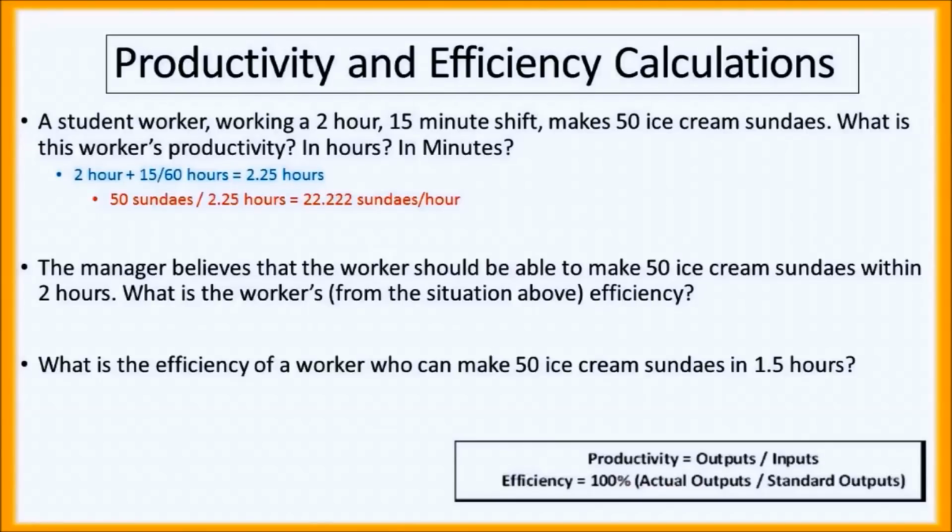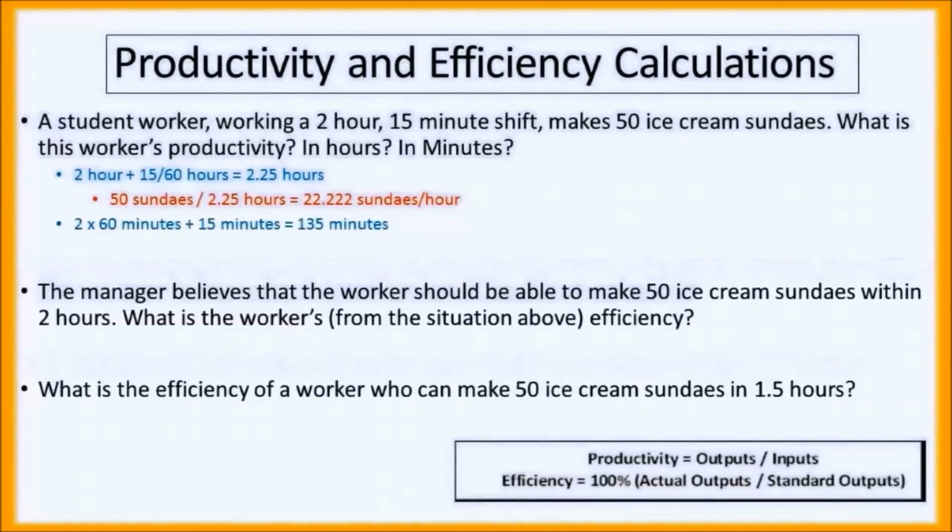Next, we're going to calculate this same productivity measure in terms of minutes. So we will need to convert 2 hours 15 minutes into minutes. And here's how that is done. 2 hours times 60 minutes is 120 minutes, plus 15 additional minutes gives us 135 minutes.